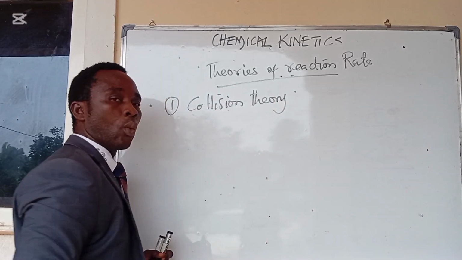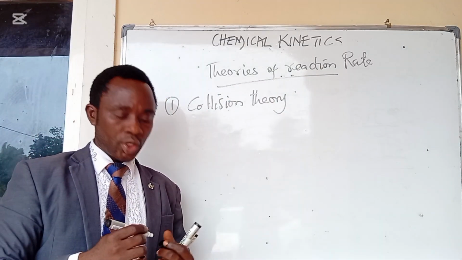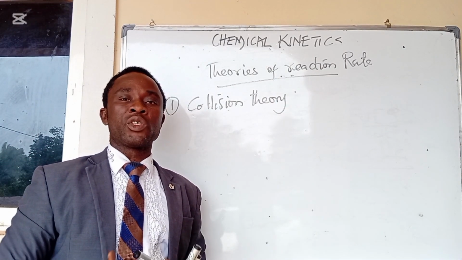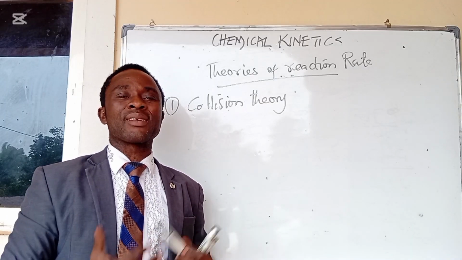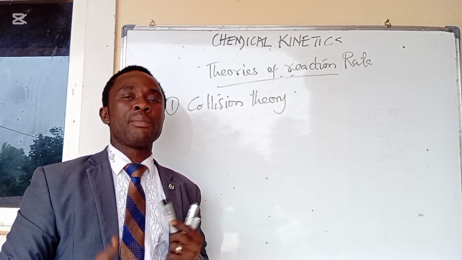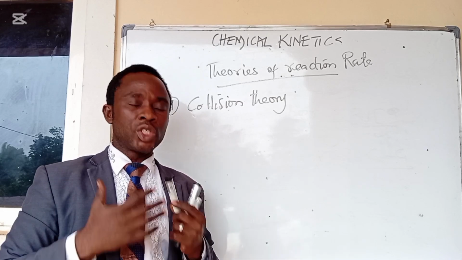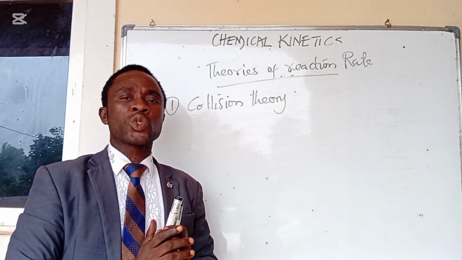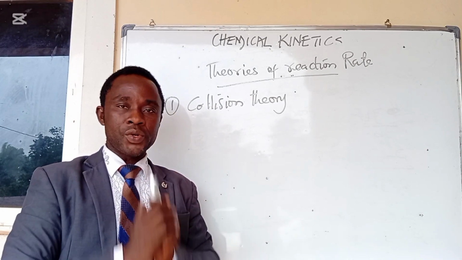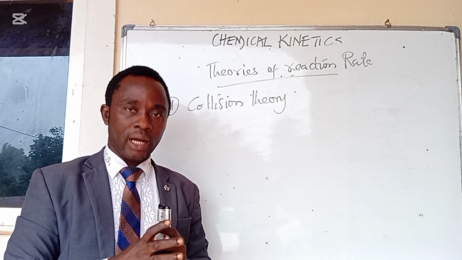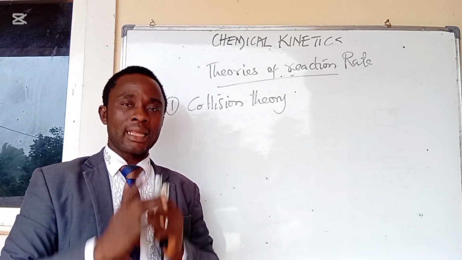What is collision theory? Collision theory assumes that there must be a collision between the reactant particles before a chemical reaction can take place, which is to say that the particles or the molecules of the reactant must collide with one another before a reaction can take place.